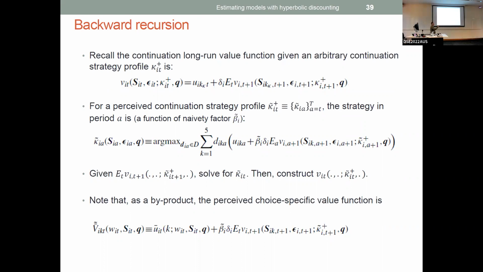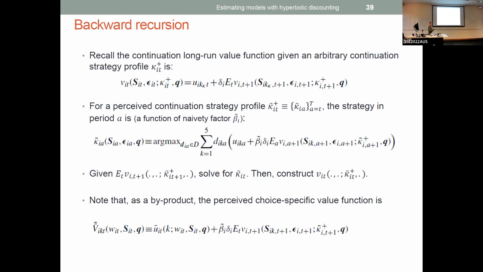This is just the strategy from period T up to the terminal period. It is discounted geometrically. So delta here is not a constant. It differs by individual I. And Q is the permanent unobserved heterogeneity that needs to be integrated out.